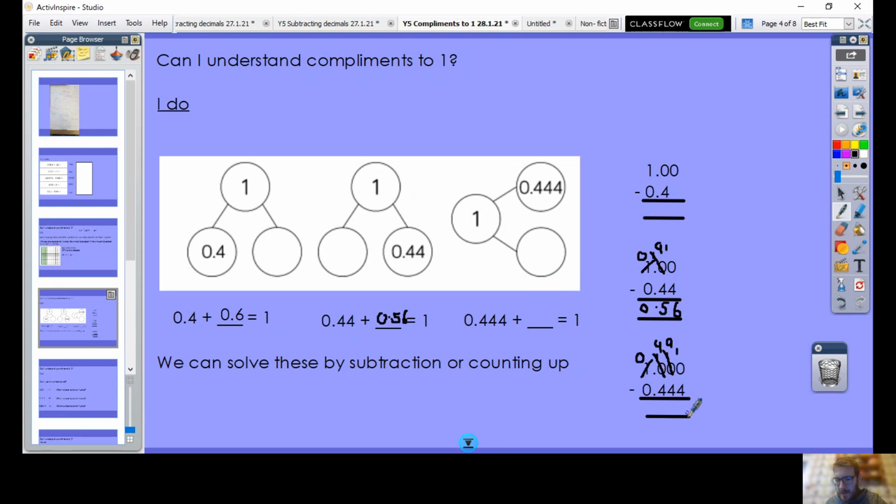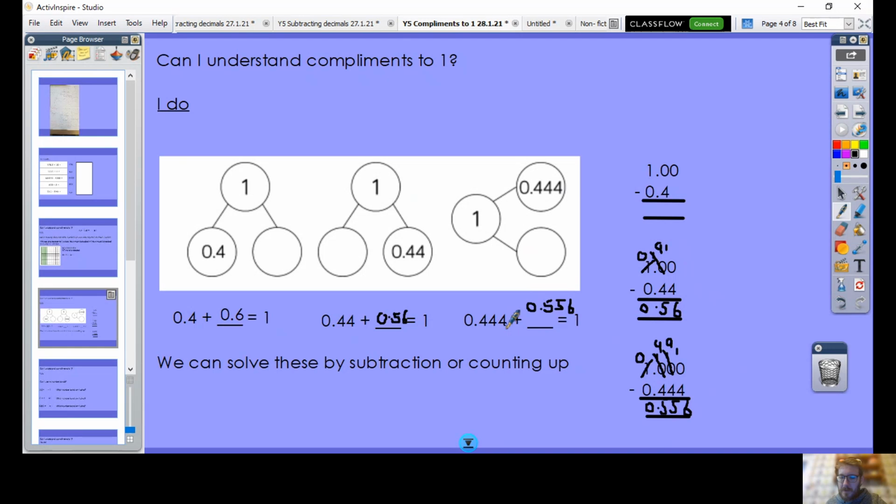Then 10 take away 4, 6, 9 take away 4, 5 again, 9 take away 4, 5 again, and 0. You might start to notice a pattern here: 0.556. So we could do it by subtraction, we could just do it by counting up.